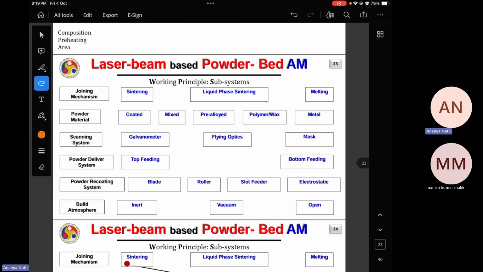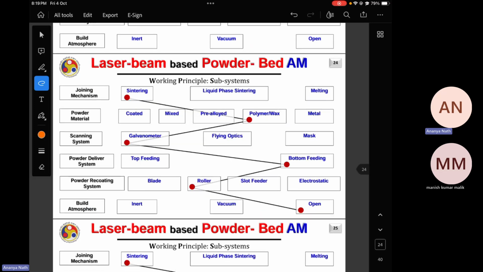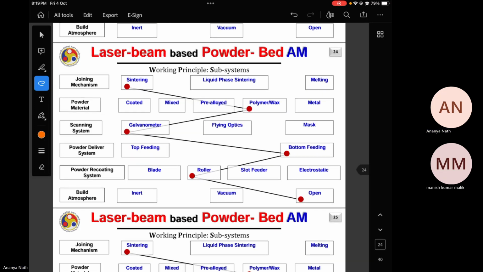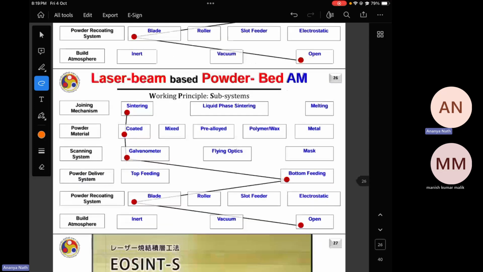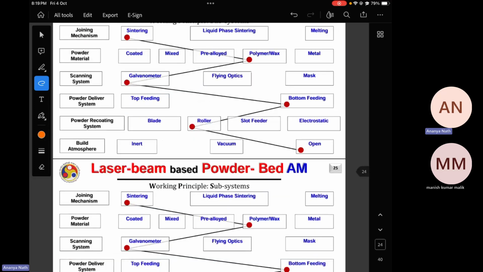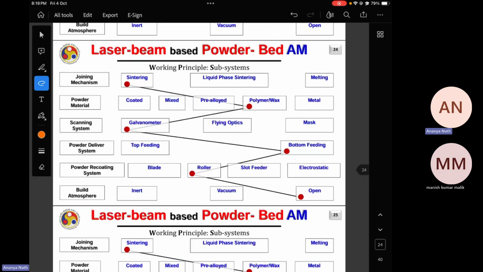So now we know these things, joining mechanism. All the things we have already discussed. Now the subsystem that I'm going to discuss is about different companies. There can be one machine which will be able to produce polymer with sintering. Galvo scanner will be used, and bottom feeding, roller mechanism, and open atmosphere.